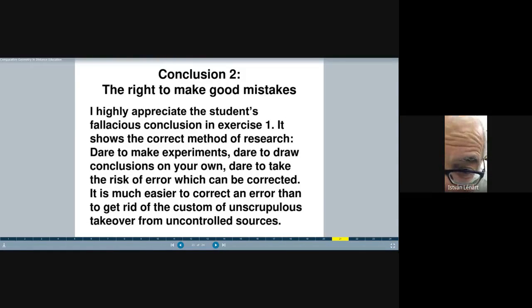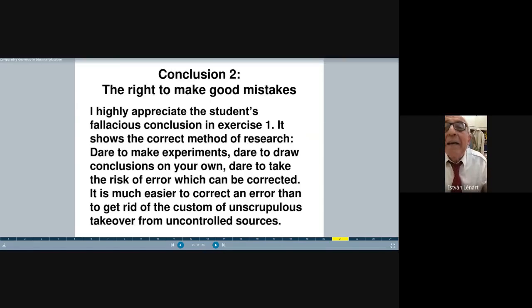Okay, the right to make good mistakes. I was very happy about their mistakes. I tell you why. Nowadays it is very often that the student doesn't bother with thinking, with fighting, with struggling with a problem, but just looks at the internet and copies something. I hate this.